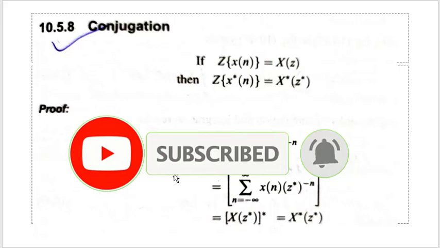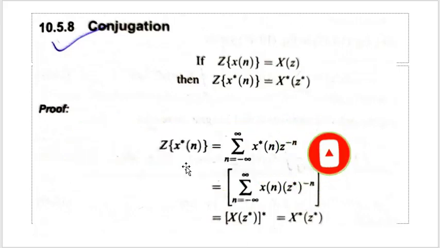Looking at the proof, the z transform of x conjugate of n will be the summation n equal to minus infinity to infinity of x conjugate of n z power minus n, which can be written as x of n z conjugate of minus n, whole conjugate.